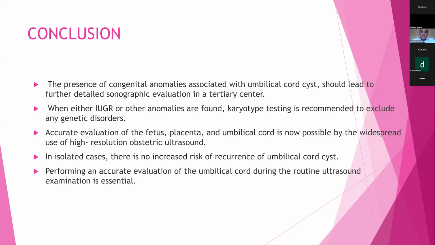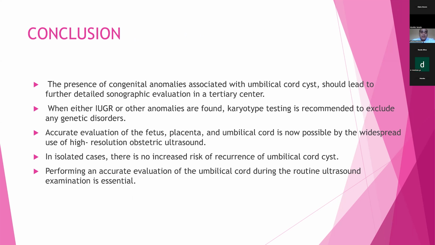As a conclusion, the presence of congenital anomalies associated with the umbilical cord cyst should lead to further detailed sonographic evaluation in a tertiary center. When either IUGR or other anomalies are found, karyotype testing is recommended to exclude any genetic disorders, as we mentioned, trisomies 13 and 18.